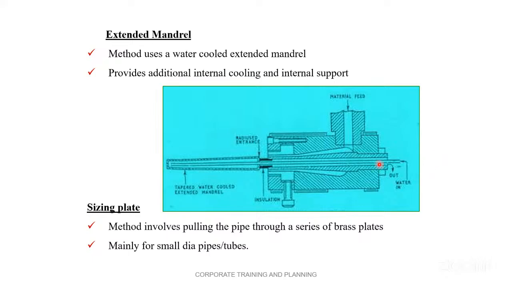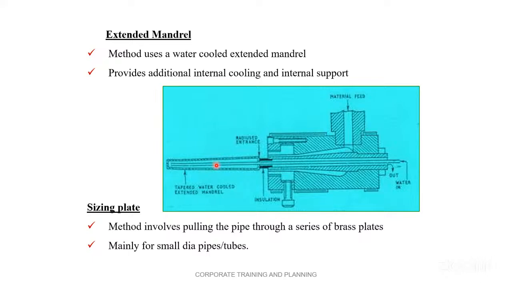See now here, the material is fed like this. The water is going inside, and water is coming outside here. Yesterday I showed you how the screw is cooled. The same thing applies here. This is a mandrel, an extended mandrel, and the pipe is going over this, and it gets cooled here.